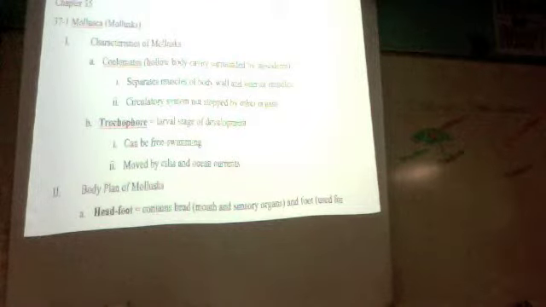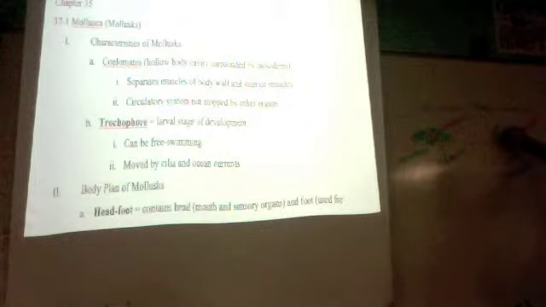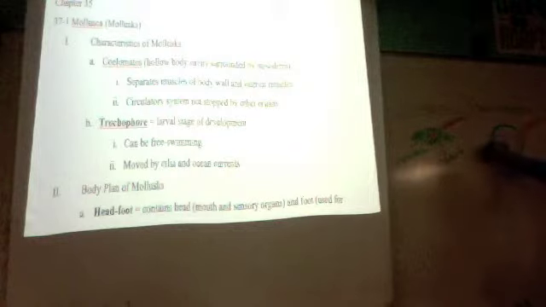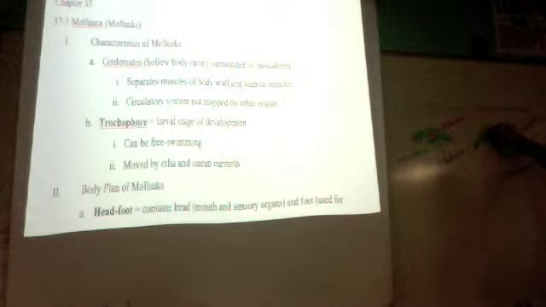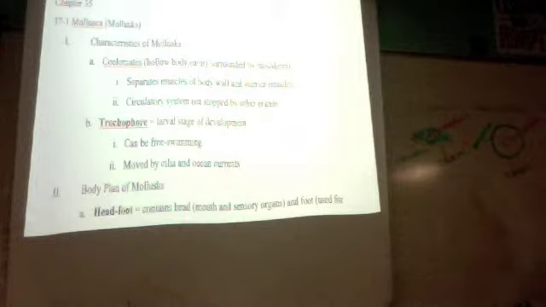But in this case, the mesoderm just lines that body cavity on one side. So it just lines the ectoderm. So we do have this open body cavity in the middle that's only lined by the mesoderm on one side.